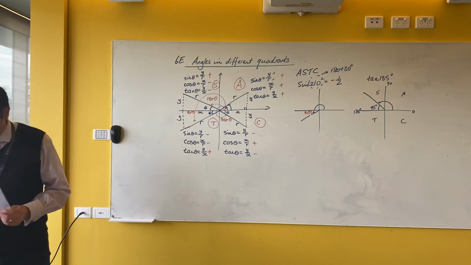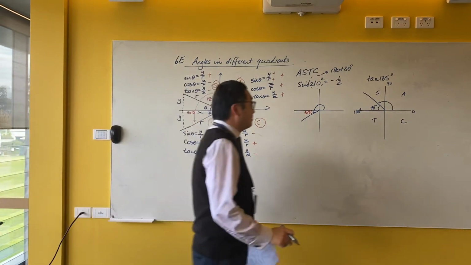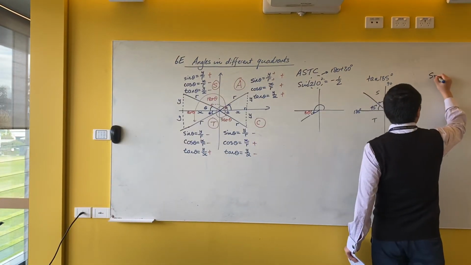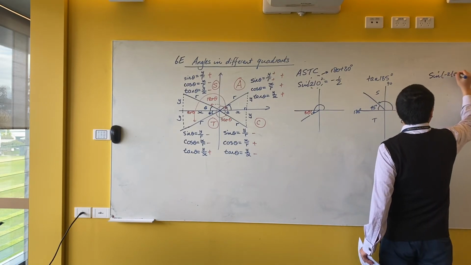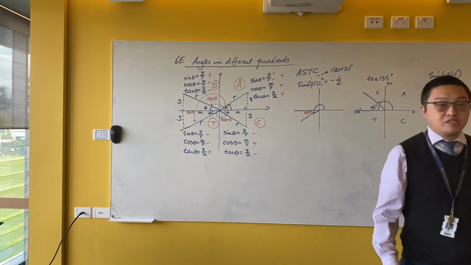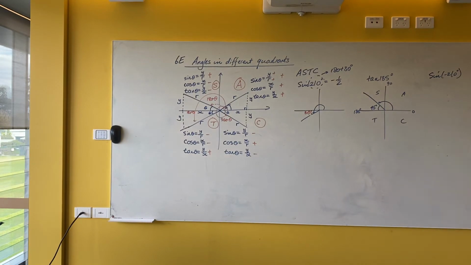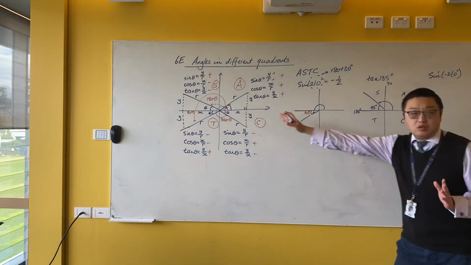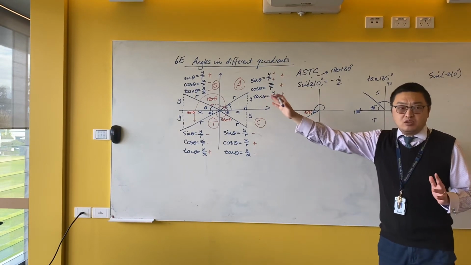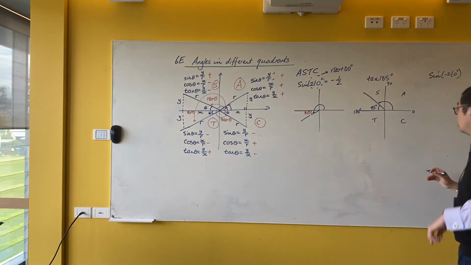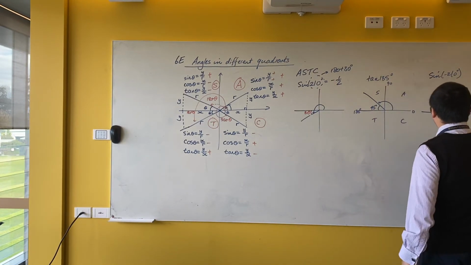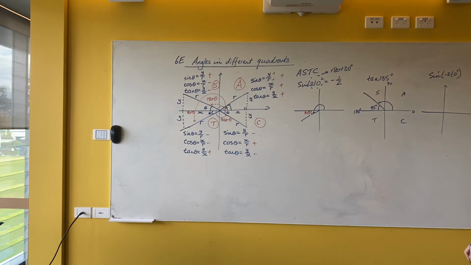Okay, let's have a look. I'm going to do another one. Let's do a negative angle, right? After this one, I'll stop the video. Okay, remember what we said just now? If it's a negative angle, which direction am I rotating? Would the ASTC go in the opposite way?